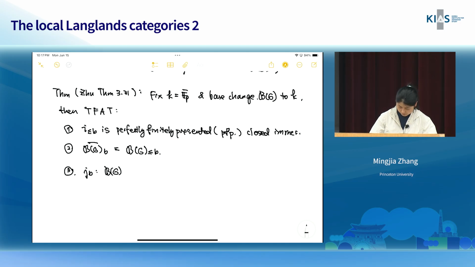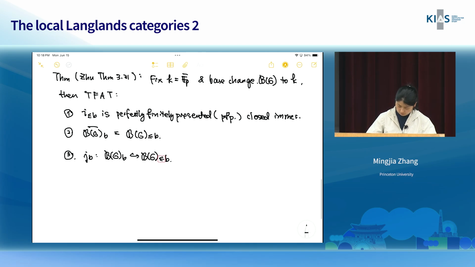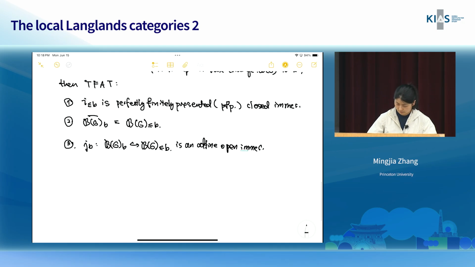And the third one is slightly different from the analytic setting. Namely, the inclusion of the b stratum into the smaller or equal to b stratum is an affine open immersion, and in particular, this map is quasi-compact. In the analytic setting, in Bun_G, such statements will be completely false, which also causes a lot of problems. So this one is the more interesting one in the scheme case.